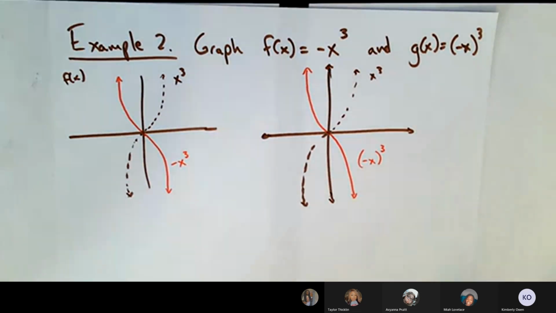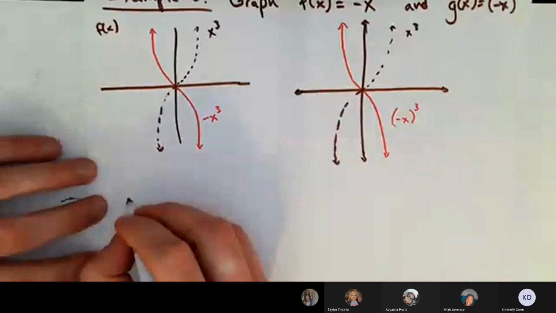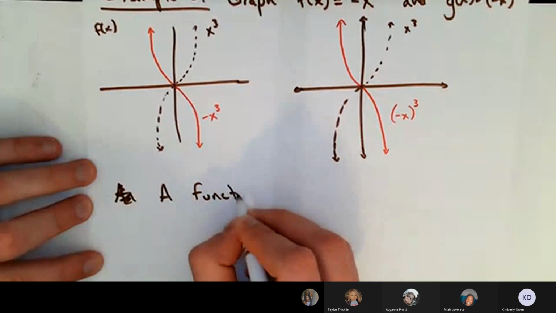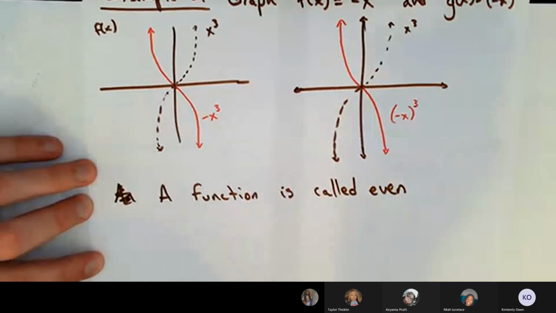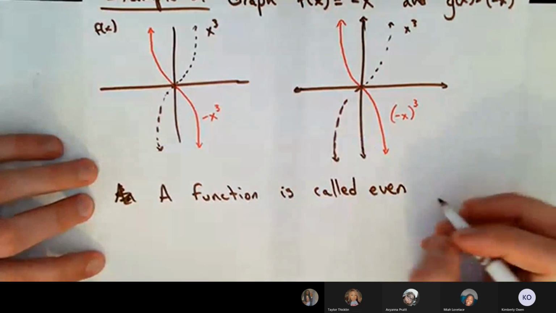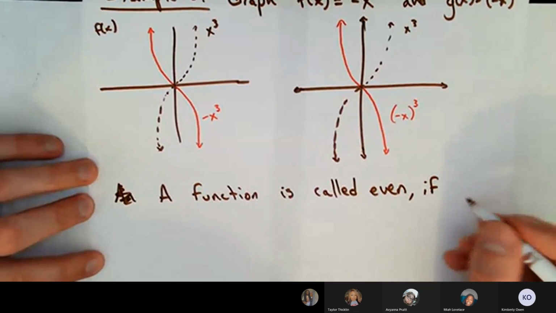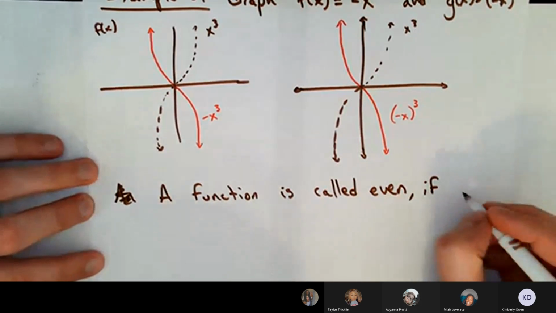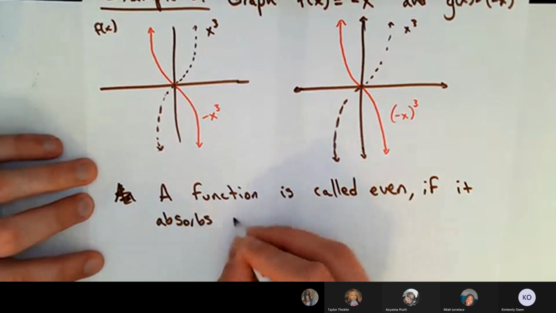So there's something more to say here, and let's go ahead and say it, which is that a function is called even if, I'm going to say it in colloquial terms first, meaning not technical, if it absorbs negative values.